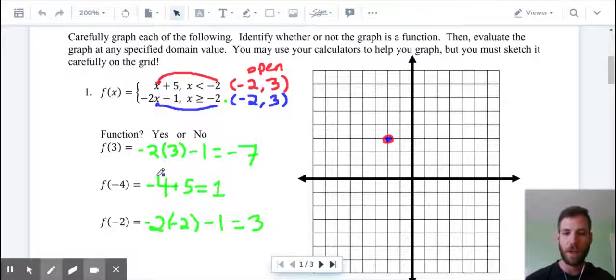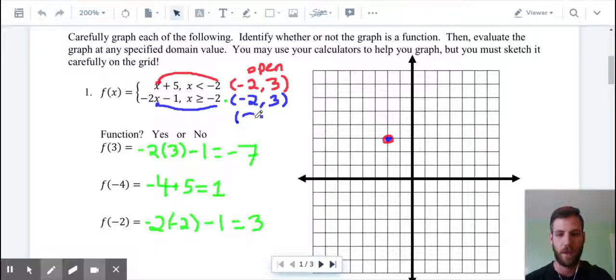So if we want to graph this, we just need to follow the point. If we need to draw a line, all we really need to know is we have one point already. We just need one more point to be able to graph a line. So for the blue graph, I just need to try another x that's bigger than negative 2. So I could try 0. If I put 0 into x, that means negative 2 times 0 minus 1 equals negative 1.